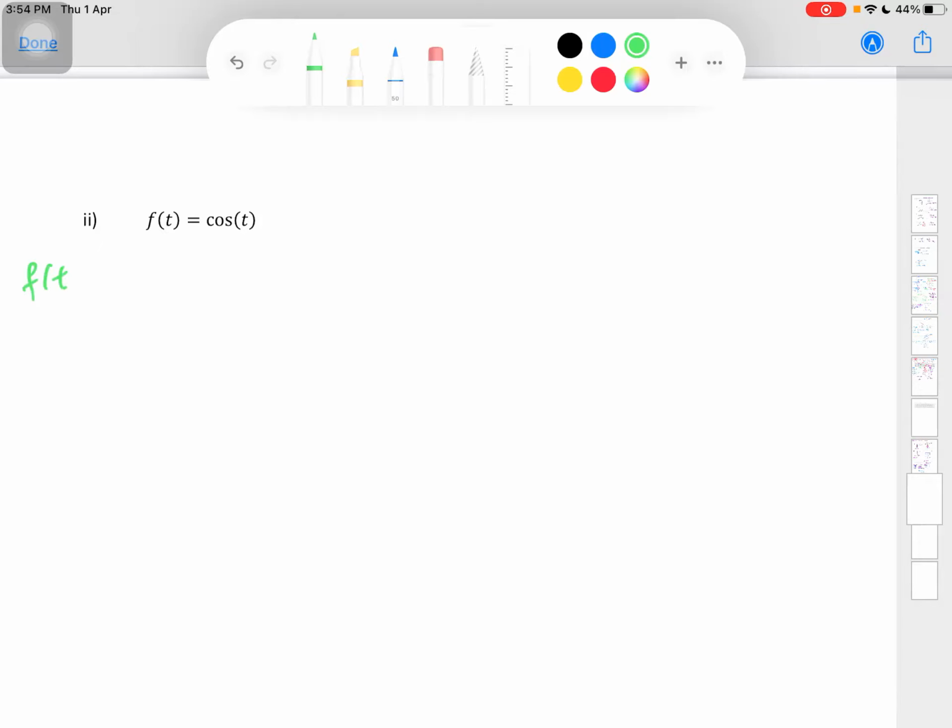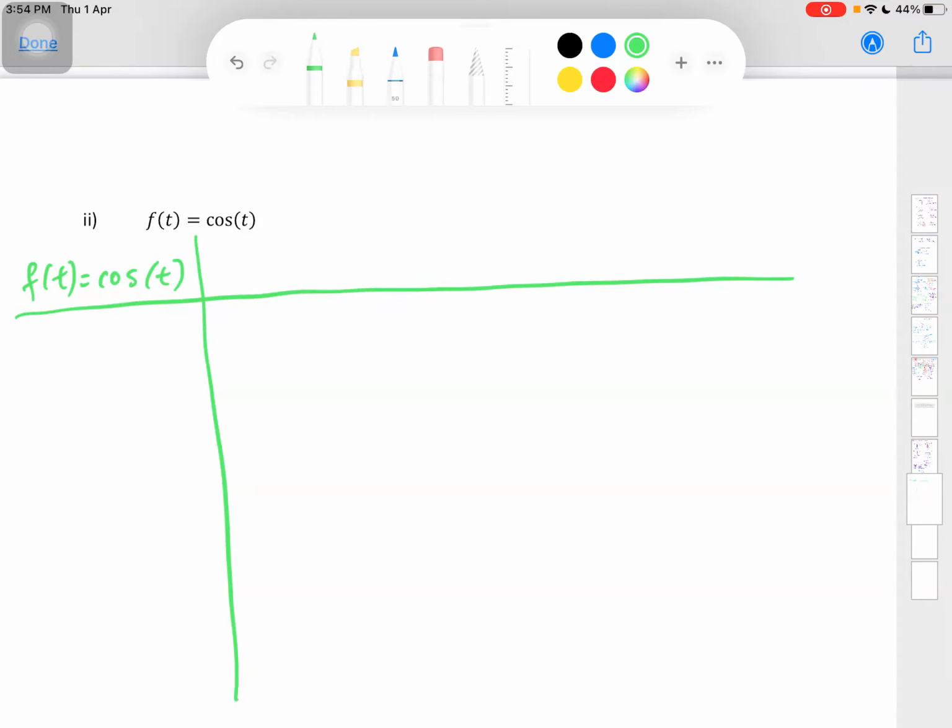So we have f of t equals cos t, and f of minus t, which will be cos minus t, and minus f of t will be minus cos t.